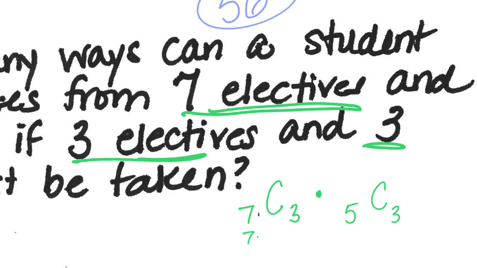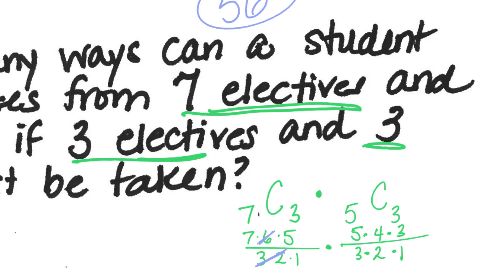We know 7, 6, 5 over 3, 2, 1 times 5, 4, 3 over 3, 2, 1. I'm going to cancel out what I know. These 3's can cancel out, and this 2 and 4 can cancel out. How convenient that this is just 10, and this is 35. I don't even need my calculator. 350 different combinations of courses.